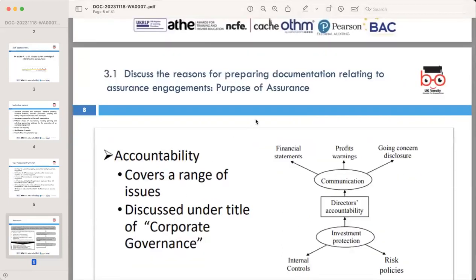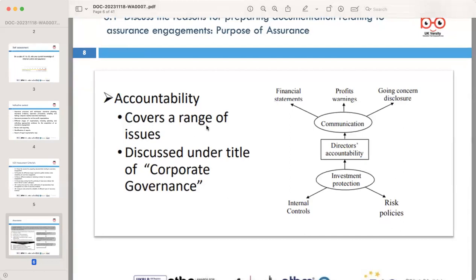So discuss the reason for preparing documentation relating to assurance engagement, the purpose of assurance. Accountability covers a range of issues discussed under the title of corporate governance. Here we create documentation for assurance engagement. When we say accountability, it means being responsible for certain things. In the world of business, this covers a bunch of different issues. We often discuss these under the big title of corporate governance.